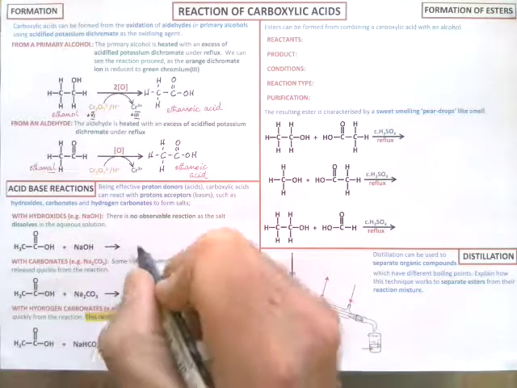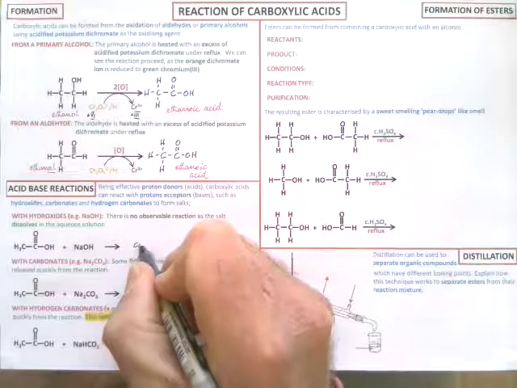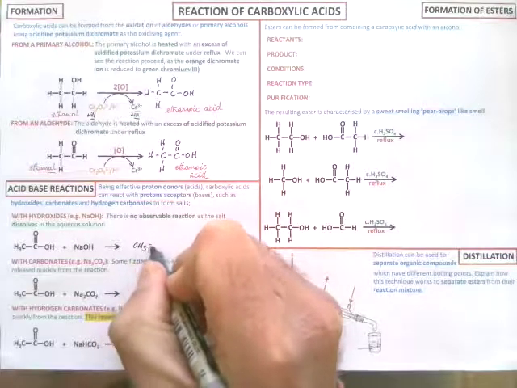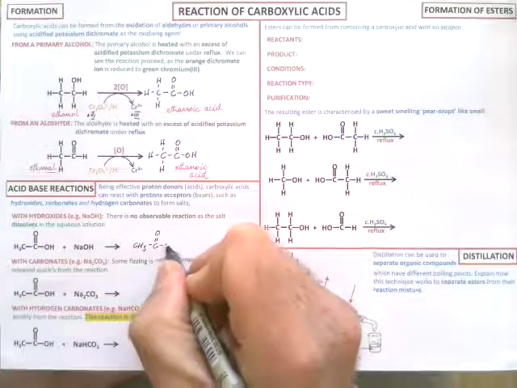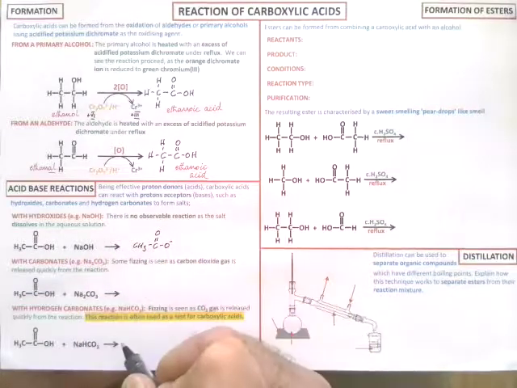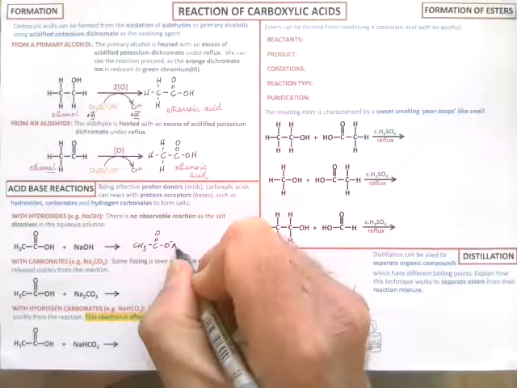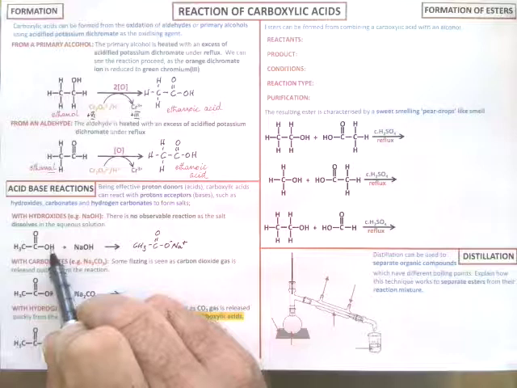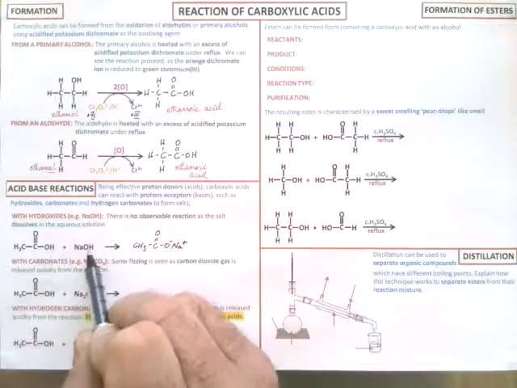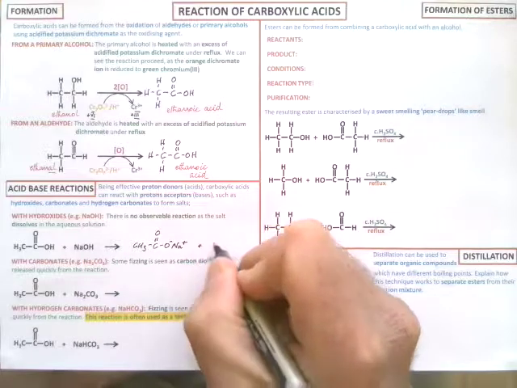And the salt in this case would be called sodium ethanoate. So there's our ethanoate ion. And here's our sodium ion from the sodium hydroxide. And then we've lost the H from the acid and the OH from the sodium hydroxide, so they'll get together to form some water.